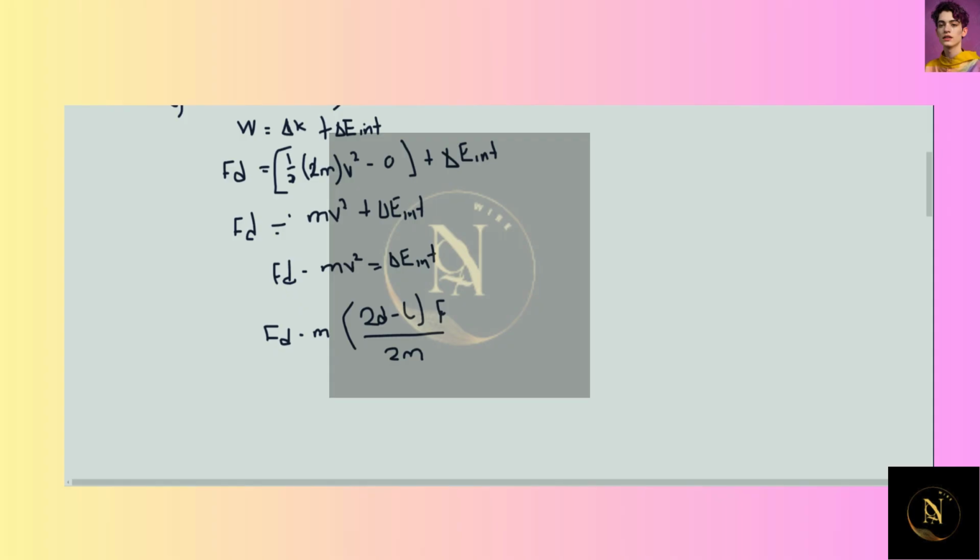So this is m, this is m, so that cancels here. Now this is going to be 2dF over 2. So this is now Fd minus 2Fd over 2.